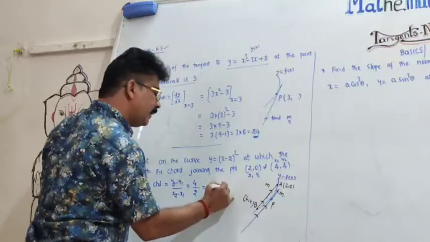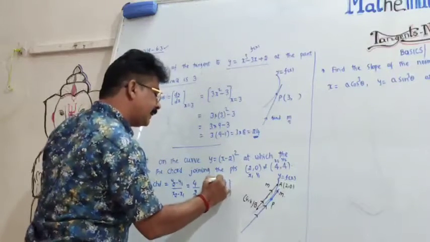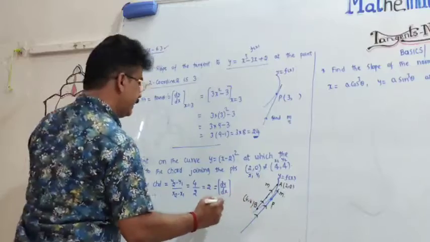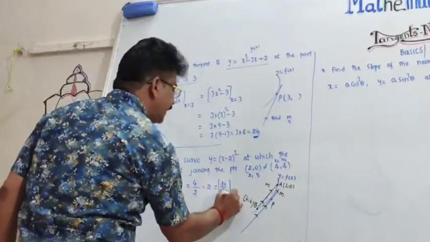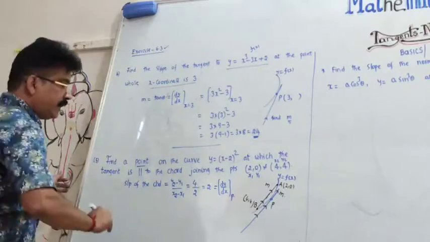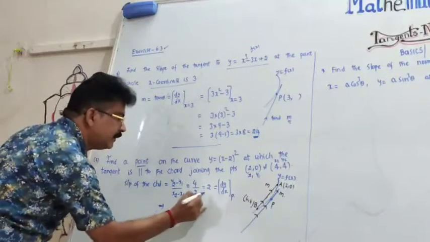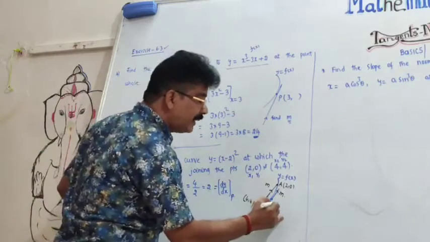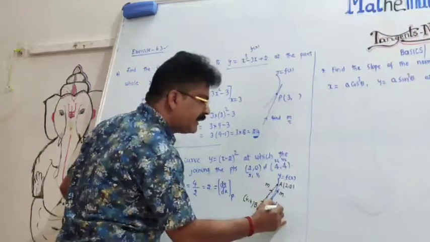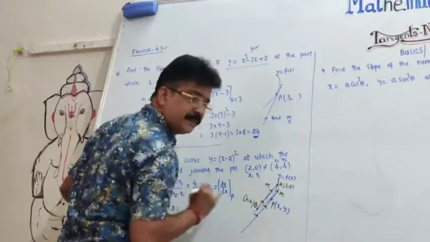dy by dx at the point, say capital P. So that implies 2 is equal to, what is that point? We don't know. Let it be x comma y at present.